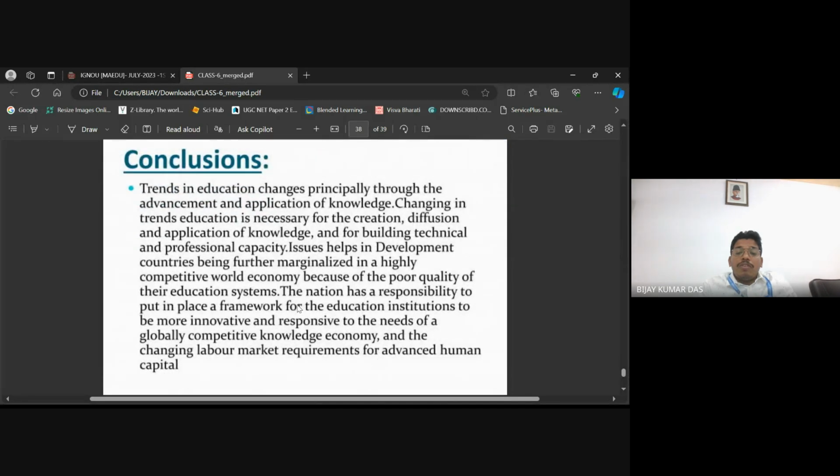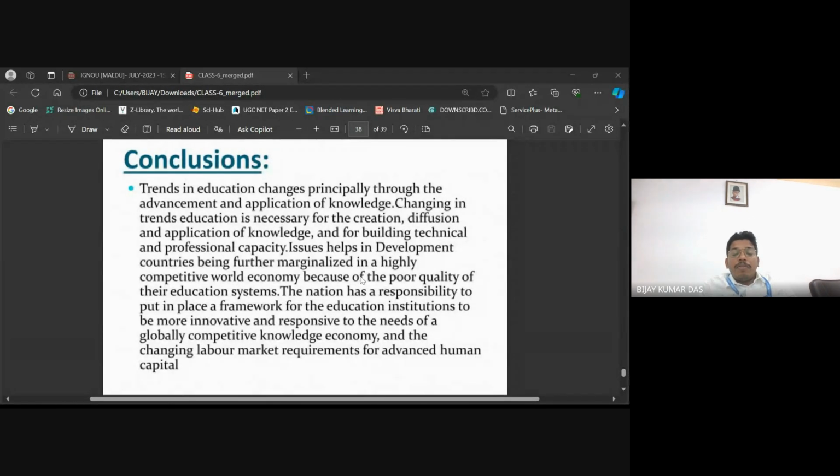So now we can talk about that. The trends in education change principally through the advancement and application of knowledge, changing in trends.